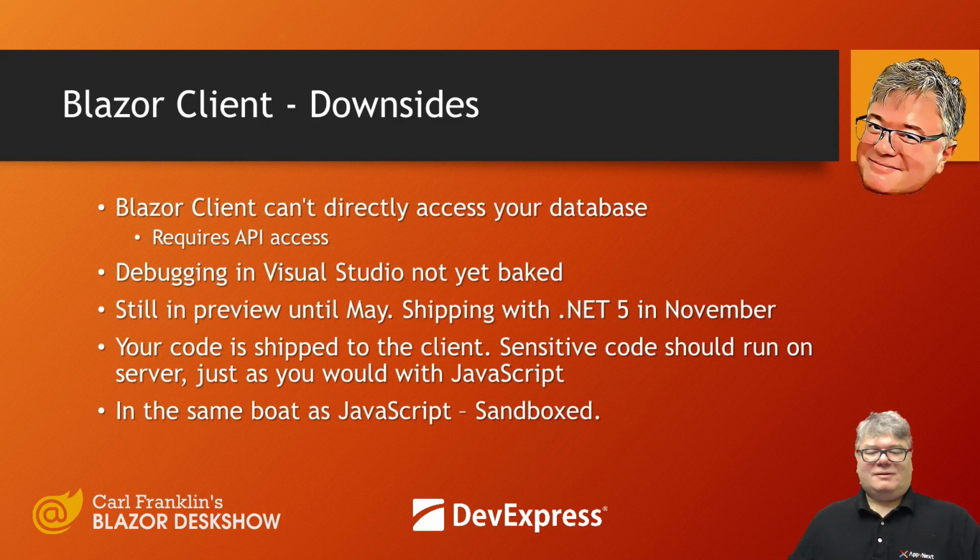Any code and markup that you write that can run in Blazor WebAssembly today will run on Blazor WebAssembly in November when it ships with .NET 5. That's when it's going to be released. However, once the May drop comes, you could consider that code complete.